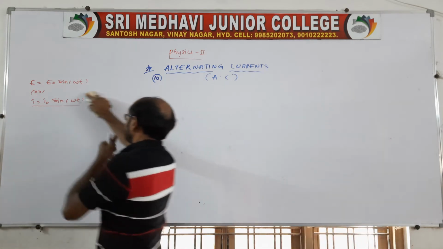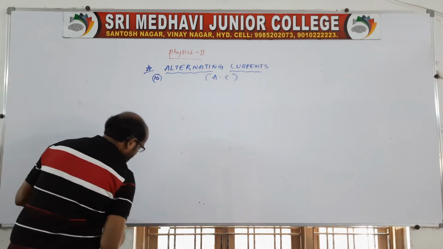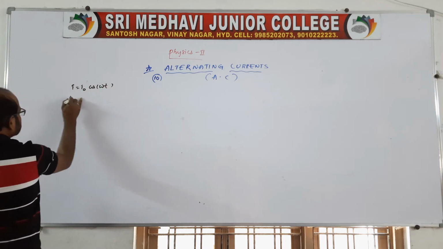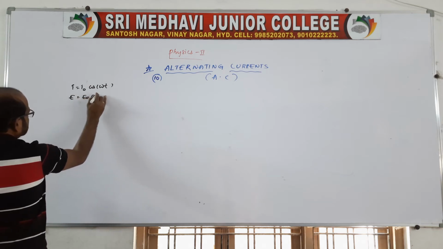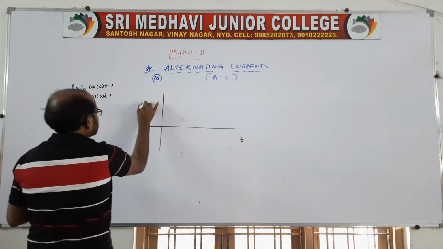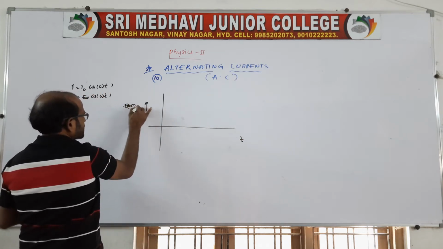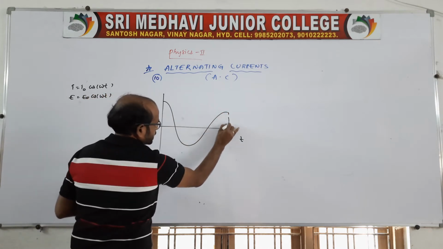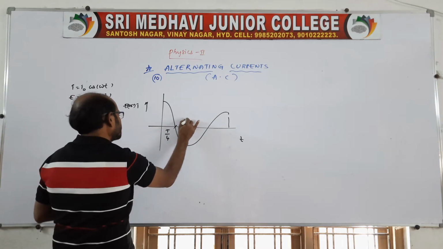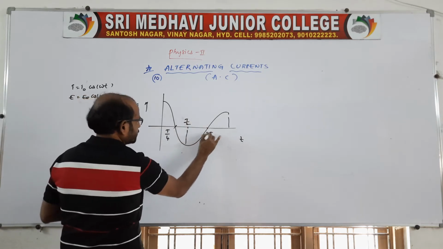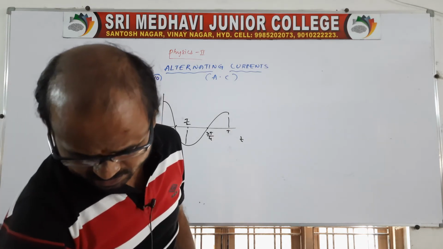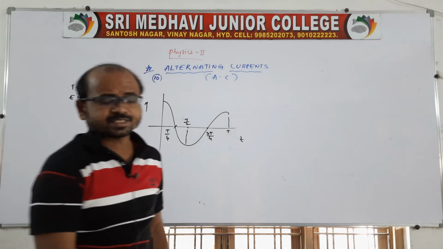Time is taken here, and here it is E, or you say I is taken. So the graph is represented like this, right? This is T by 4, this will be T by 2, this will be 3T by 4, and it is capital T. So your current changes instantaneously, or we can say alternately.